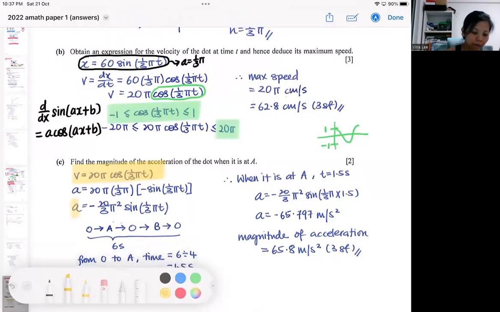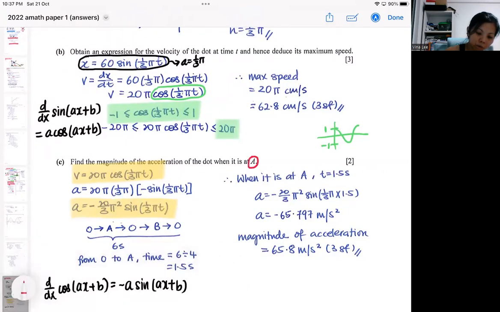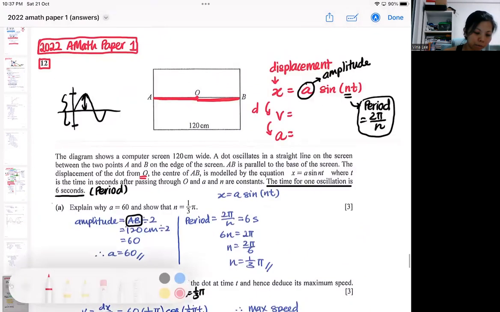Getting the acceleration is not difficult. It is getting the timing at A. So what is the timing at A? If you're not sure what the timing at A is, you will not be able to insert the t correctly and punch your calculator out. That's why you need to know the original movement. Let me repeat the movement.